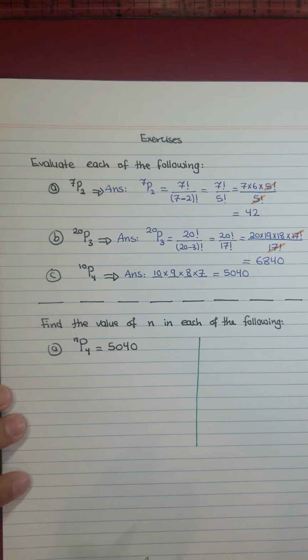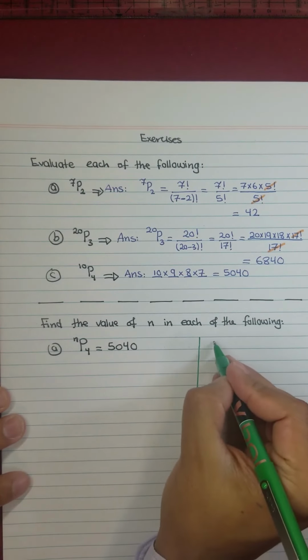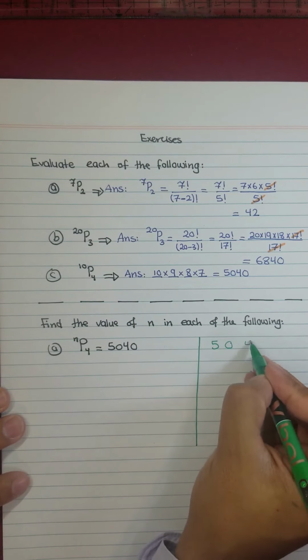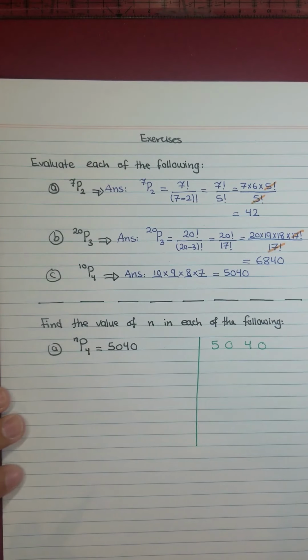Okay, so 5040. In prime factoring, guys, I cannot divide by whatever I like. We can only divide by specific numbers, and these numbers are the prime numbers. And what are the prime numbers? The prime numbers are the numbers that only have 2 factors.